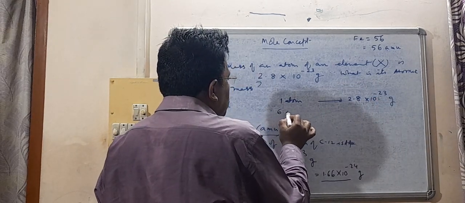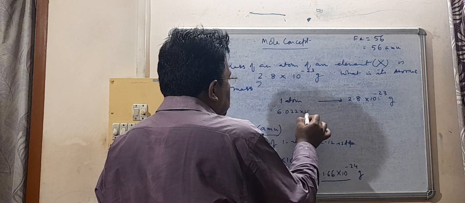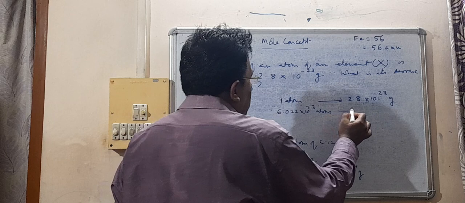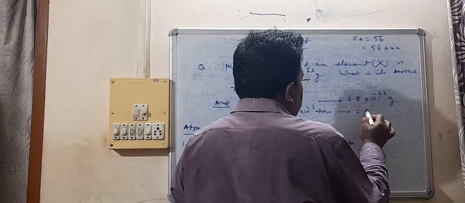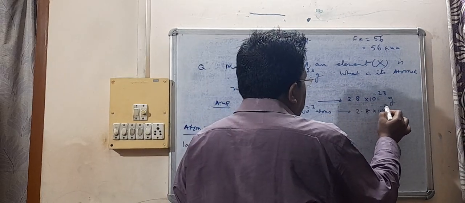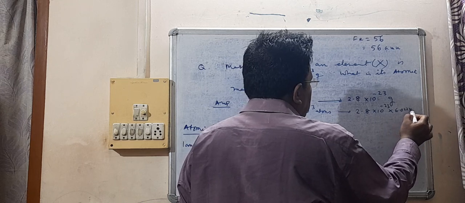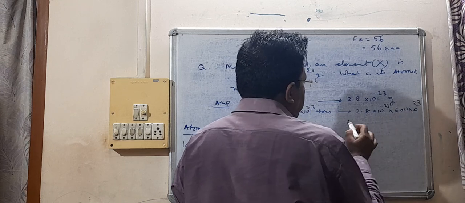So Avogadro's number of atoms will have mass 2.8 into 10 to the power minus 23 into 6.022 into 10 to the power 23.